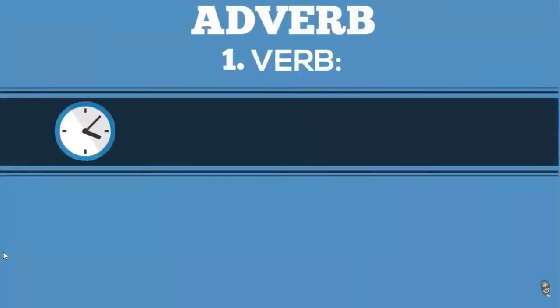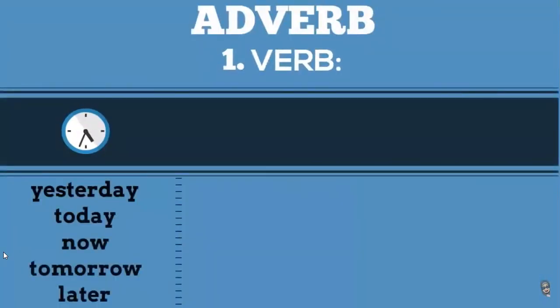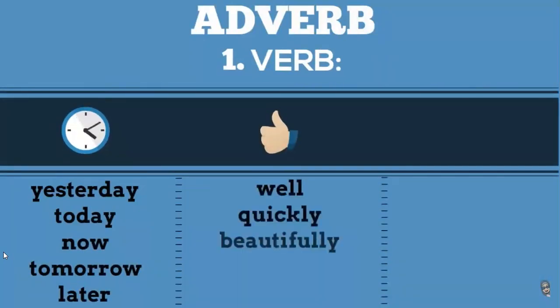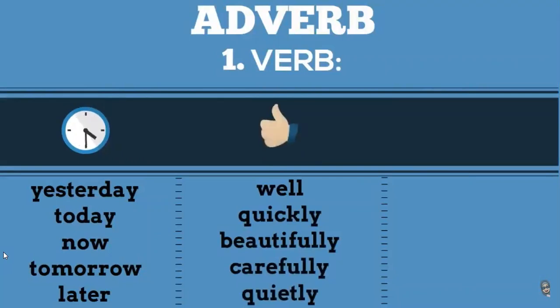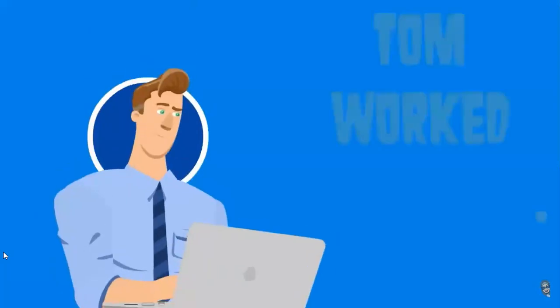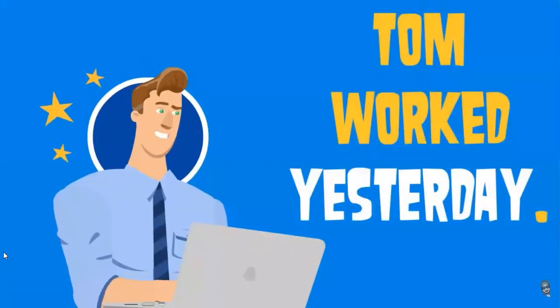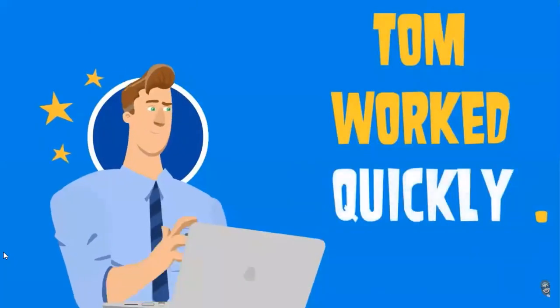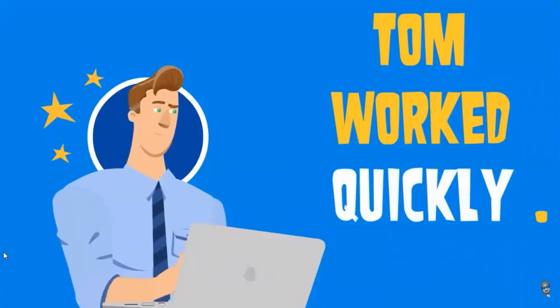Examples: when, yesterday, today, now, tomorrow, later. How? Well, quickly, beautifully, carefully, quietly. Where? Here, there, everywhere, inside, outside. Tom worked yesterday. Tom worked quickly.